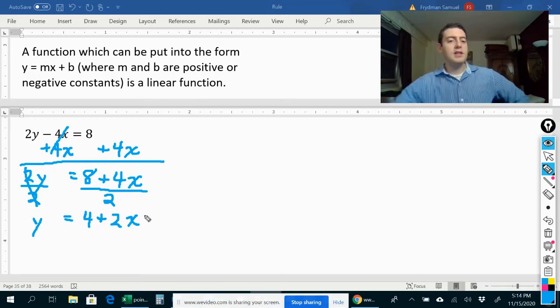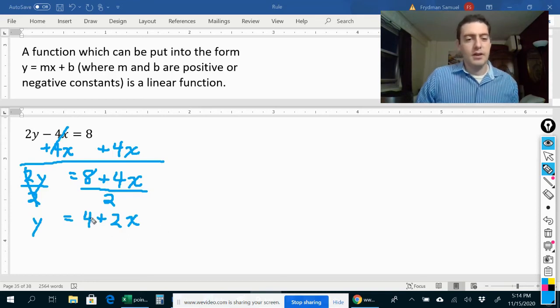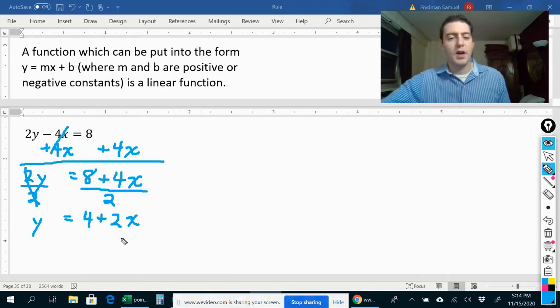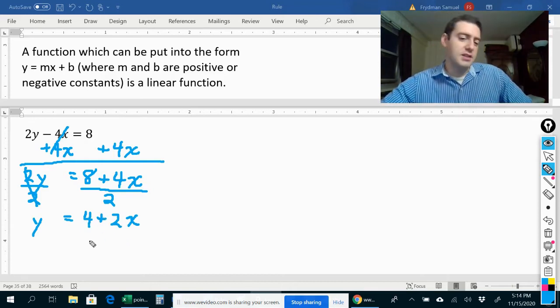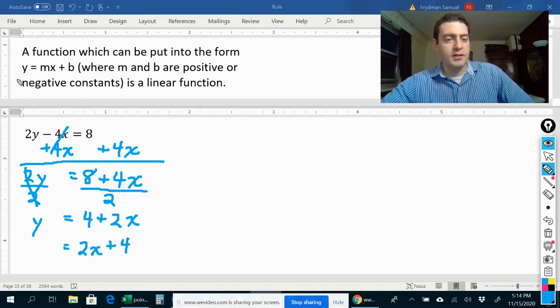And now we can see that it is in, well, I guess it's still not exactly looking like this, but that's just trivial here because of the commutative property: 4 plus 2x is the same as 2x plus 4. So if I really want to write it like that, then I could just flip those around.